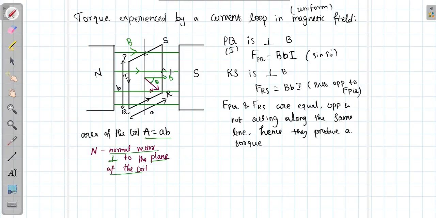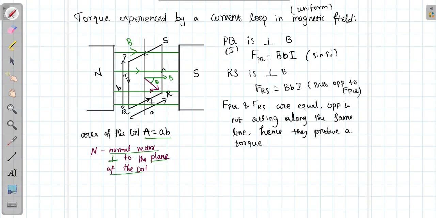Now we'll go for QR and PS. The segments QR and PS, and the magnetic field, have some orientation. It is not always parallel. Sometimes they become parallel, but most of the time they are not.